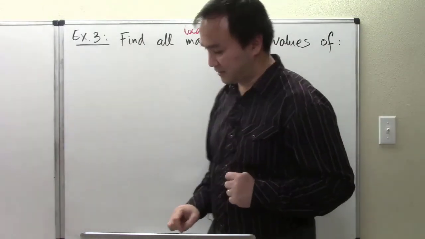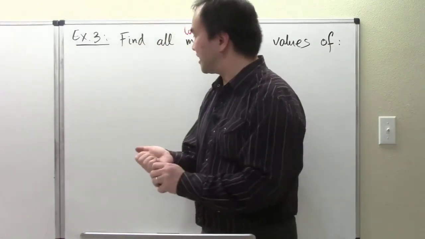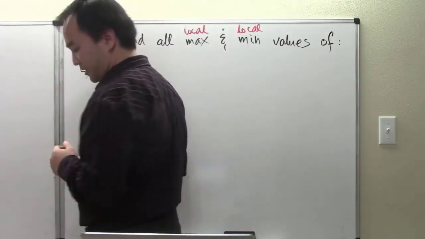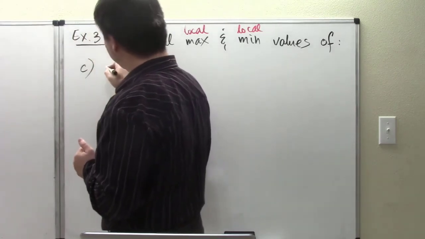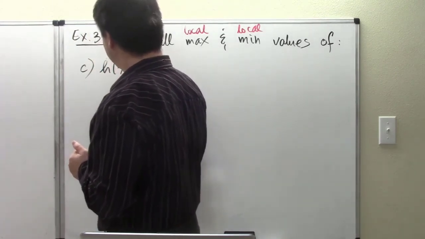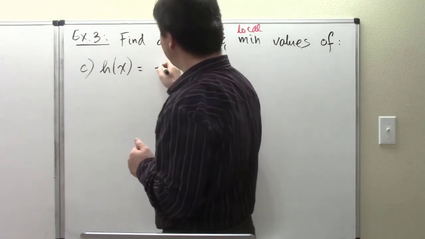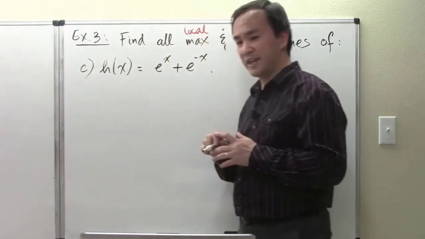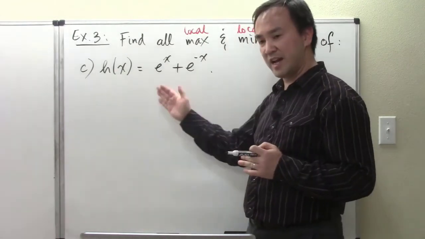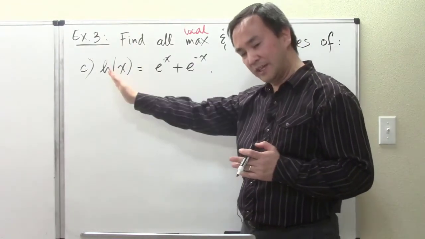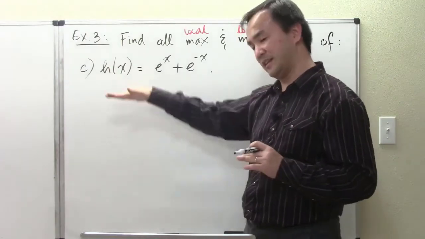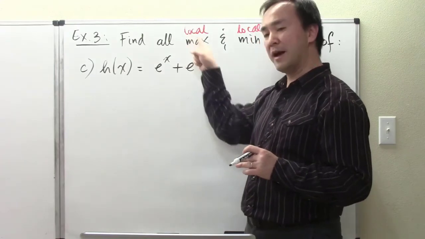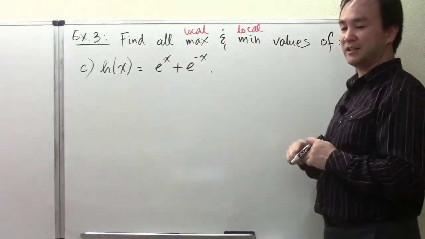All right, so after taking some time erasing my board, here's our function given in part C. So our function here is h of x equals e to the x plus e to the minus x. And here it is again, I'm using that same function, h of x, from example 1 through example 2 that we already had a sine chart for. And here we are at the same function to find a local maximum and local minimum of this function.